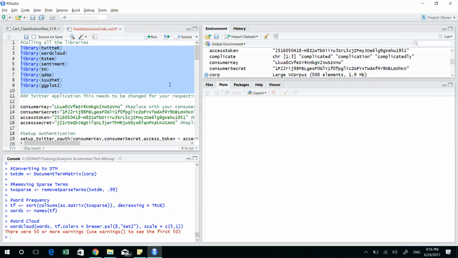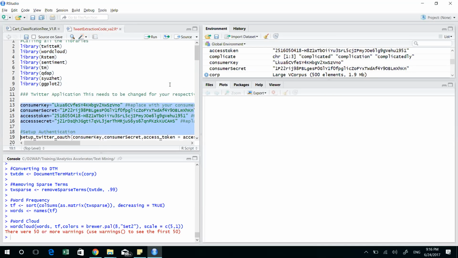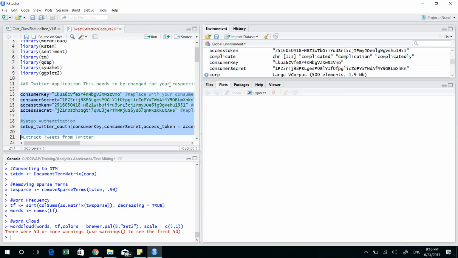Now, these functions are stored in specific libraries, so I'm calling all the libraries in there. Once I've done that, I'm trying to create a handshake with the Twitter website. A handshake is nothing but opening a window between two different environments. So with this set of code, my R environment is going to talk to Twitter.